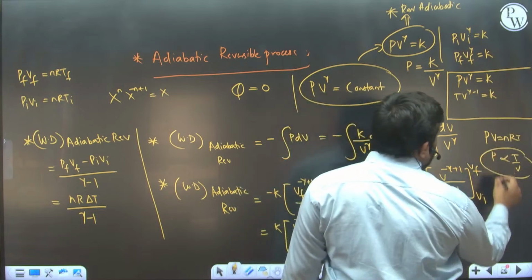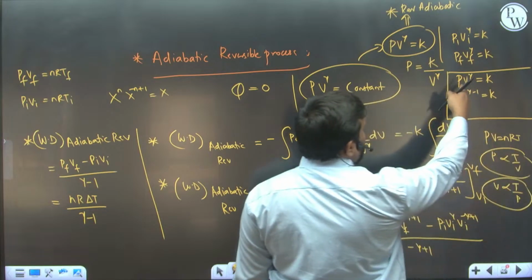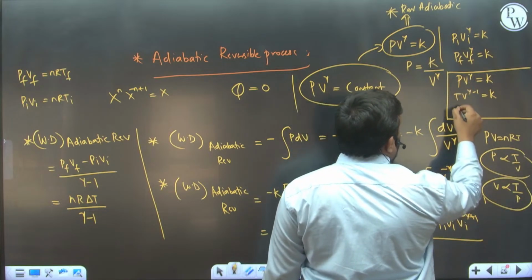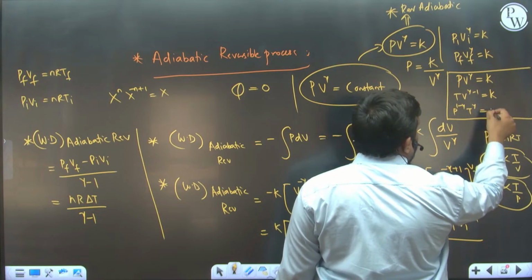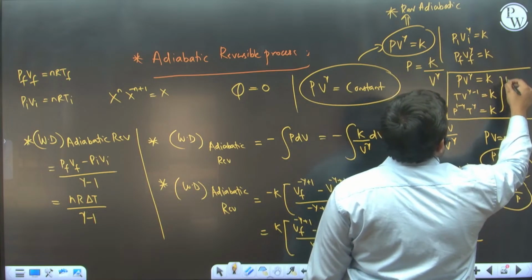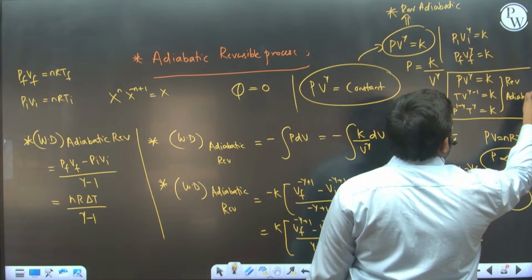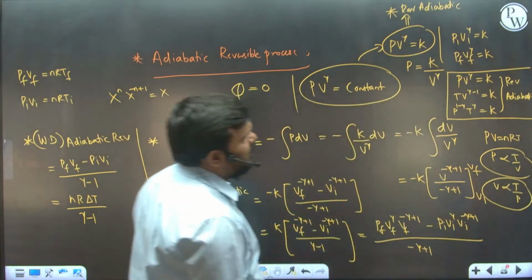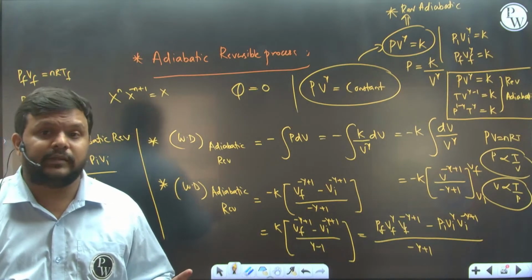Also, in place of V, you can write T by P. Put in this equation, you will get P power 1 minus gamma, T power gamma is equal to K. All these equations are only for reversible adiabatic, not for irreversible. They have asked this question and you have to remember this is a very important point.